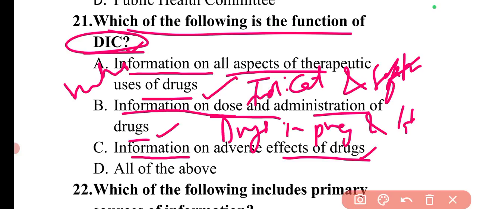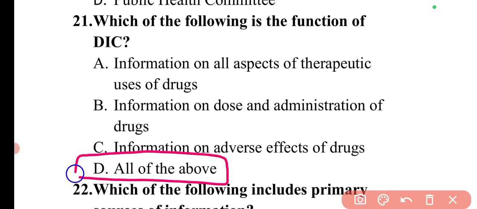Drug information can also be related to academic and research work. Whatever information there is regarding the drug, providing it comes under the functions of the drug information center. So here the correct answer is option D, all of the above.